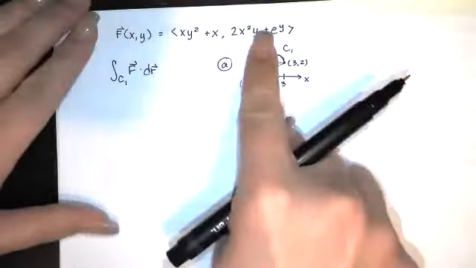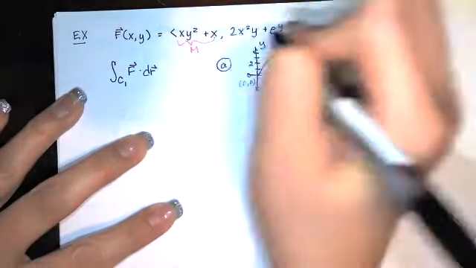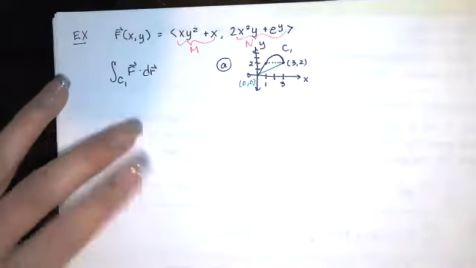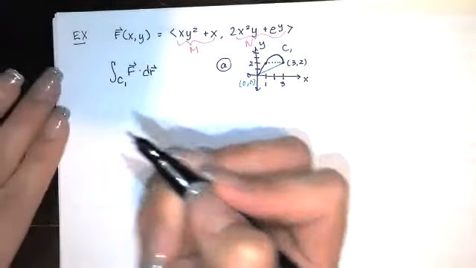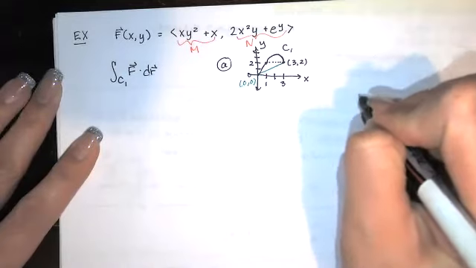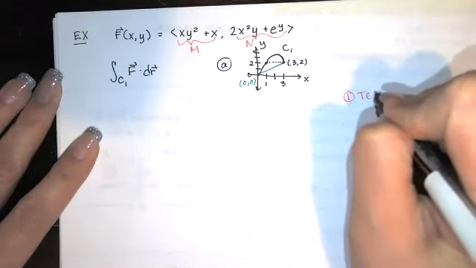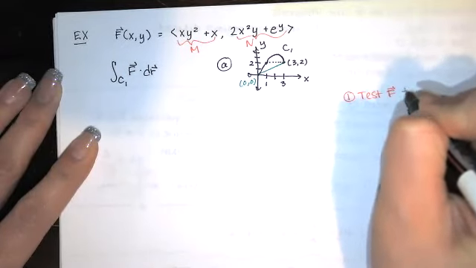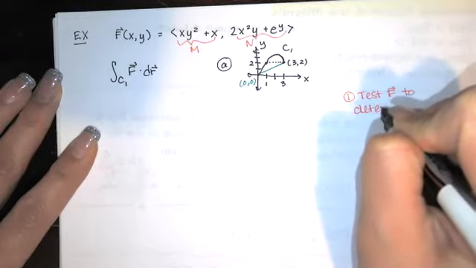So we've got a 2D field. Let's see if the field is conservative. I'll call this component M and this component N. The first thing we do is test F to determine if it is conservative.